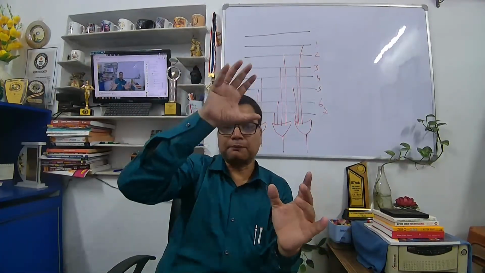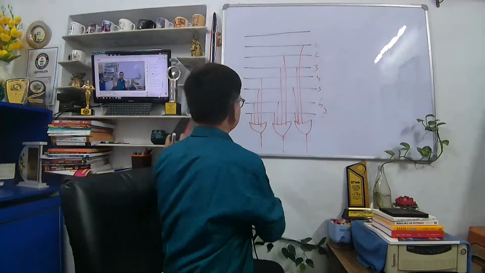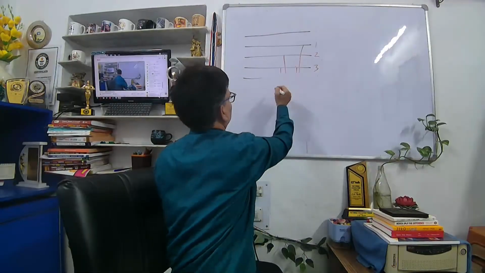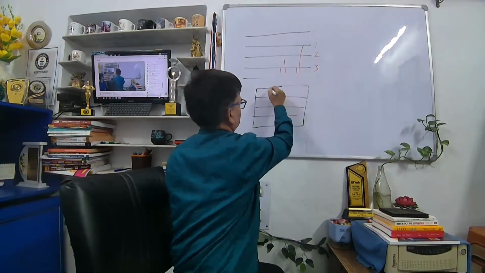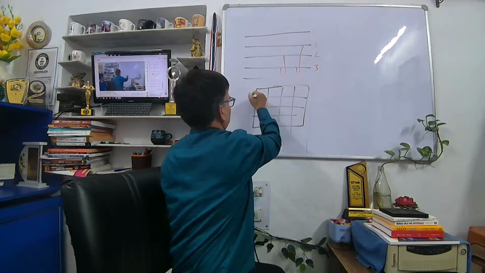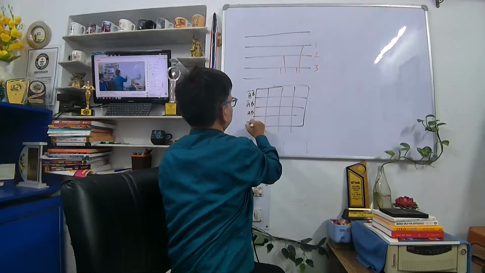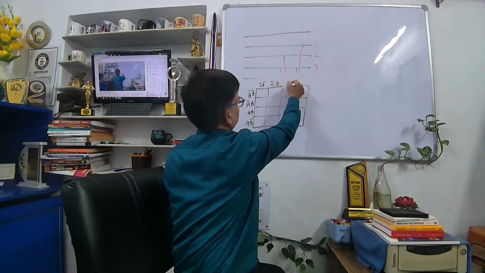We need to form, first we'll plot it in the K map, like the box which we had seen. A bar B bar, A bar B, AB, and then AB bar. Here it is C bar D bar, C bar D, CD, and C D bar.